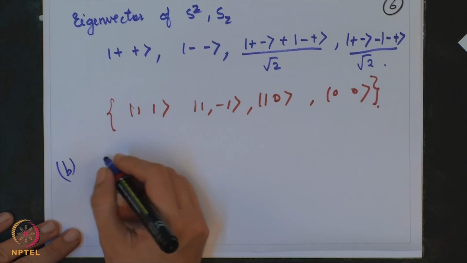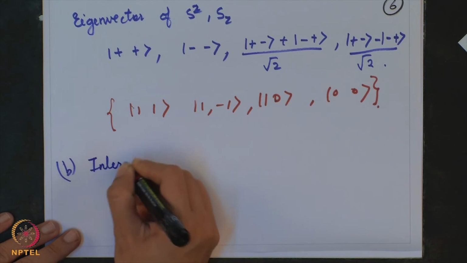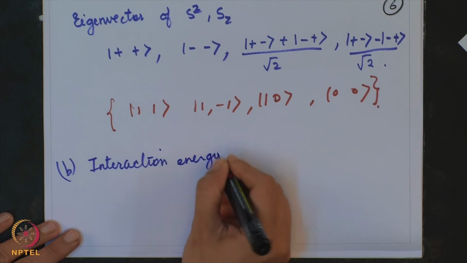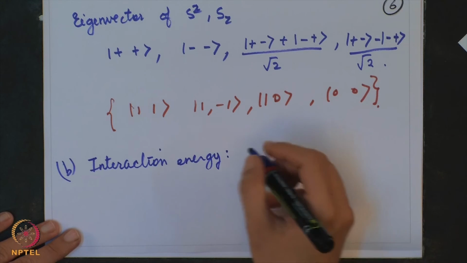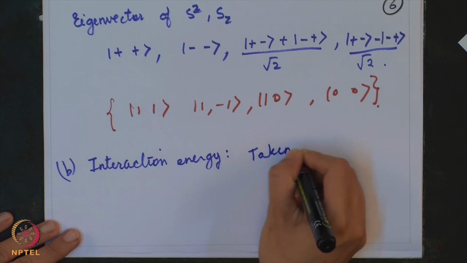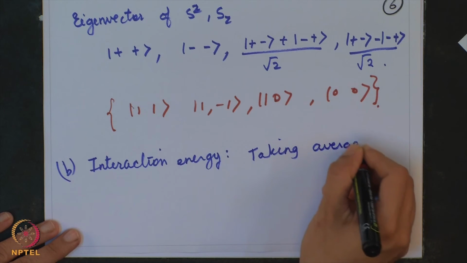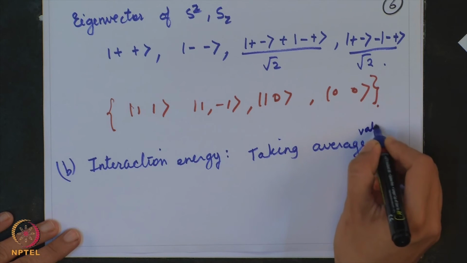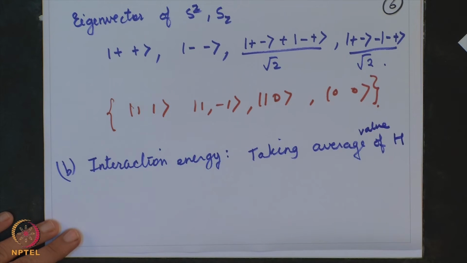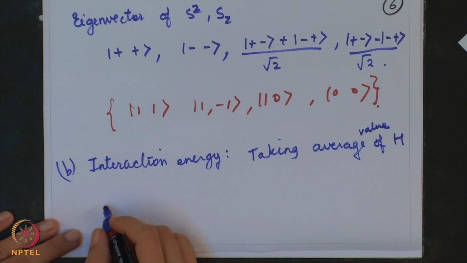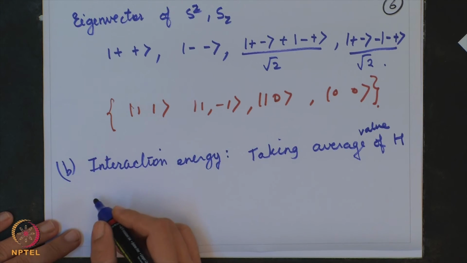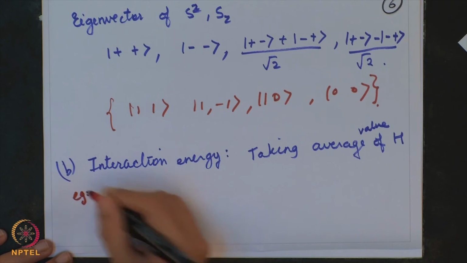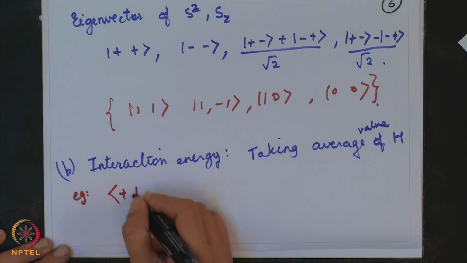Okay. In the B part you are asked to calculate the interaction energy. Interaction energy, how will you obtain? By taking the average value of the Hamiltonian, the average value of the Hamiltonian for different eigenvectors. So, you can start, for example, I can give you one term and then you can enjoy doing the rest.